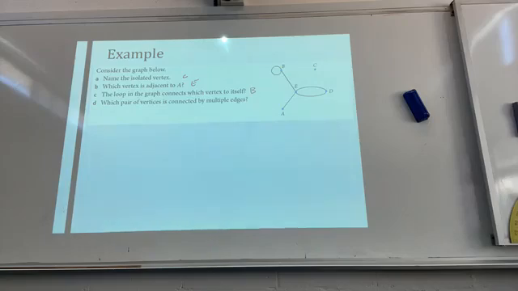Sorry, I didn't hear you. Which pair of vertices is connected by multiple edges? E and D, because E and D have multiple edges. B has a loop, because it's connected to itself. So B, E, and D. Alright?